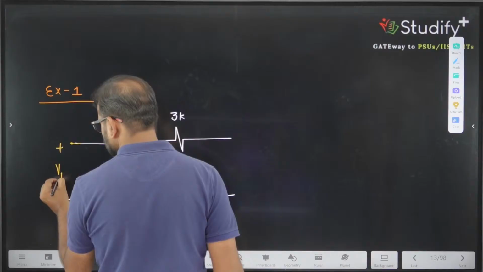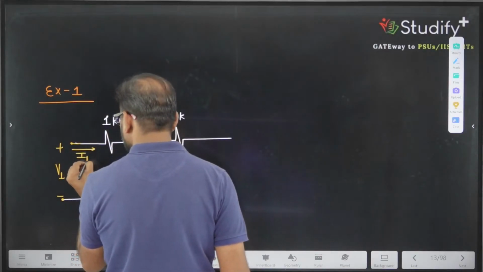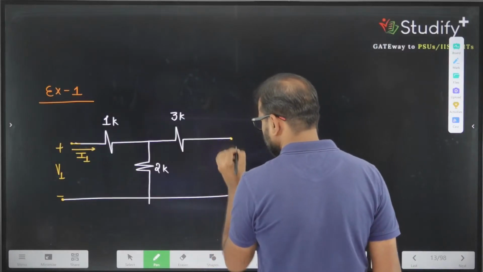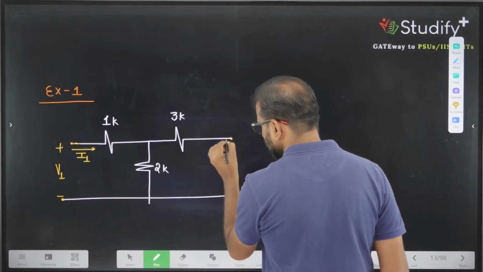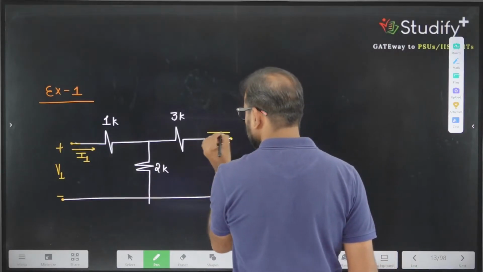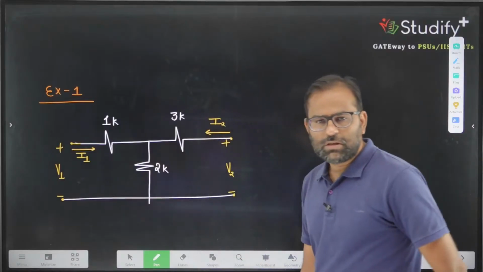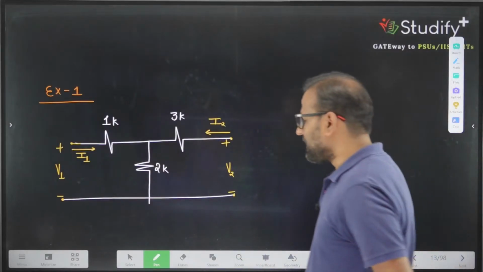I am calling this V1, this I1, this V2, and this I2. This is our network, and I am interested in the Z parameters.